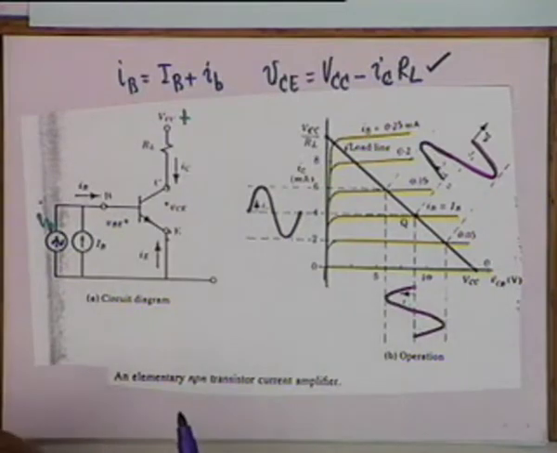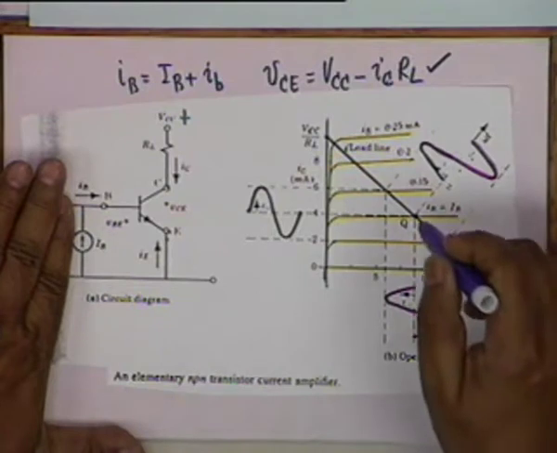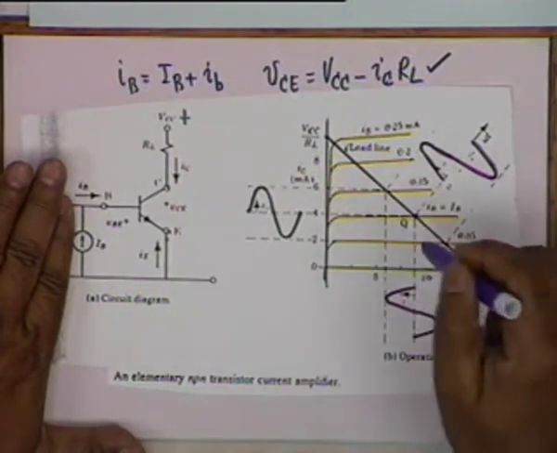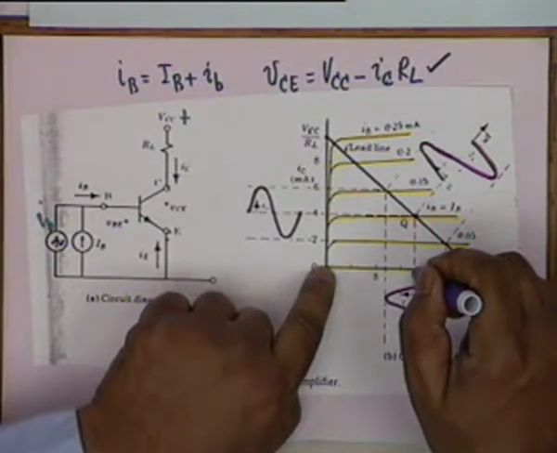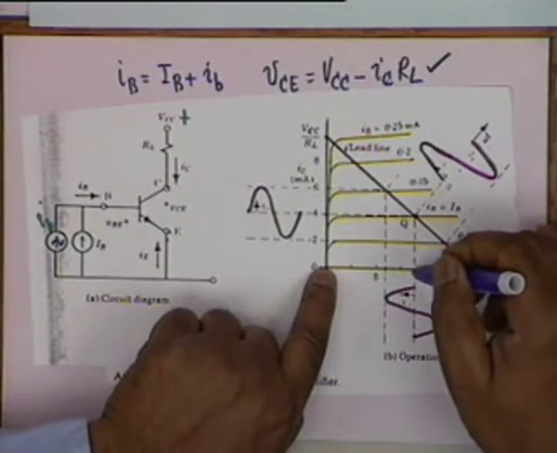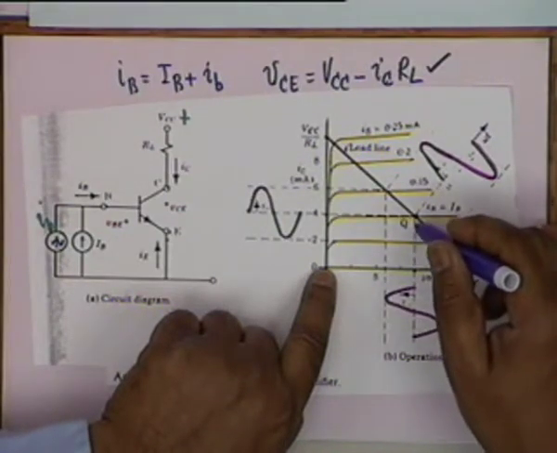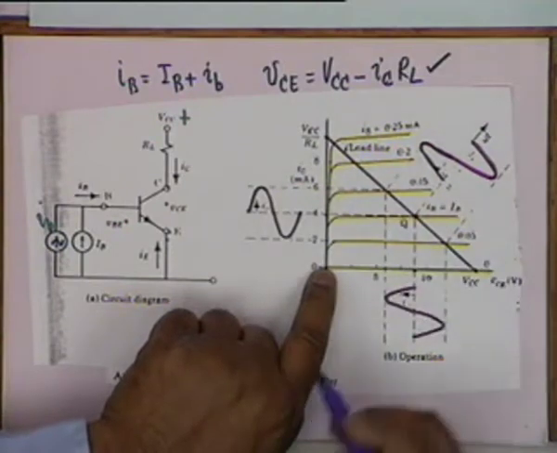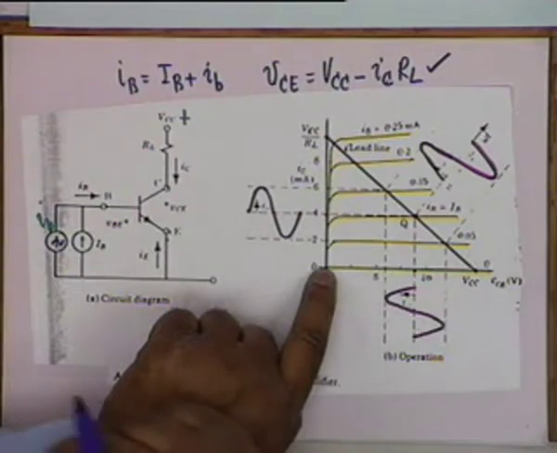Left to itself, if there is no signal current, the transistor will sit at this point. Sit at this point means its VCE would be equal to this, and the collector current would be equal to this. This is about 8 volt and about 4 milliampere, that's where the transistor will sit.